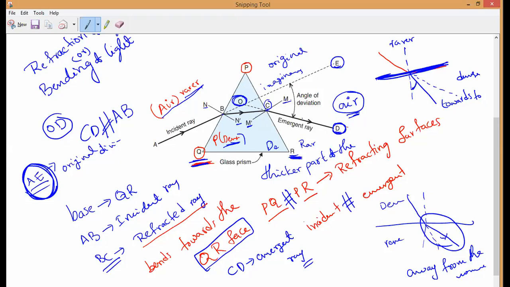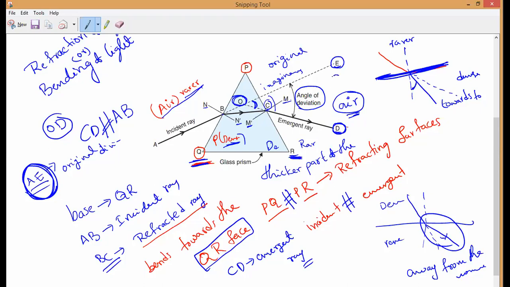Is it okay, guys? Now, wherever they intersect, they show some angle. This angle or this angle, all are the same. You can measure here or here, everywhere it is the same angle, but in this picture they show it very clearly. This angle, between the incident ray and the emergent ray, is called the angle of deviation.